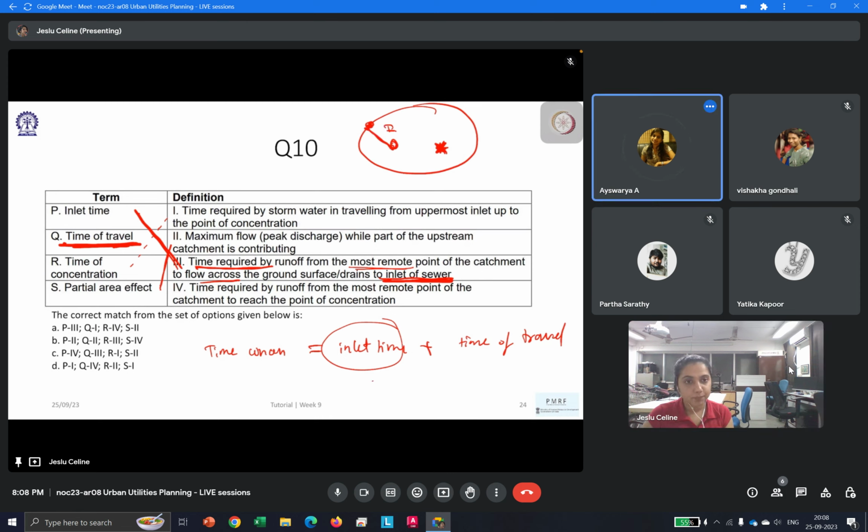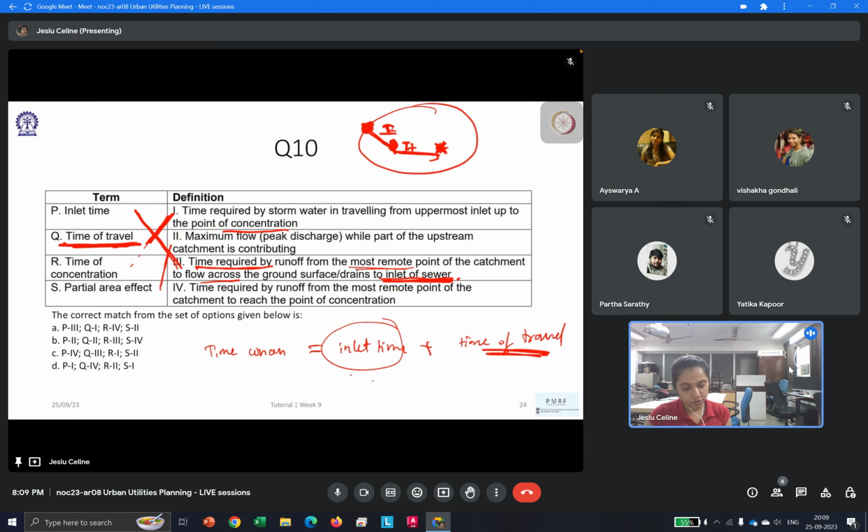Then time of travel is option 1, if I'm not wrong: time required by stormwater coming from the uppermost inlet up to the point of concentration. Correct. So from the inlet to the point of concentration is time of travel. From the most remote region to the inlet is your inlet time.